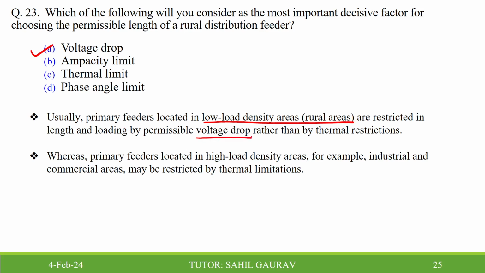So their voltage drop matters more. Whereas primary feeders located in high density areas, for example industrial and commercial areas, are restricted by thermal limitation, not by the voltage drop.